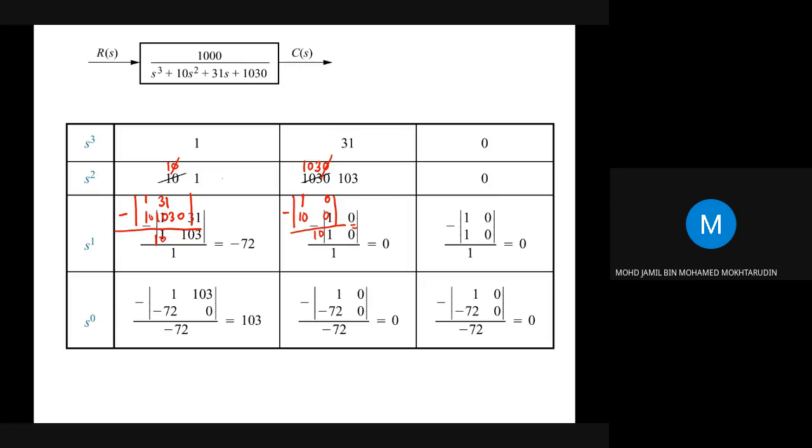So dia simplify jadi 1 dan 103, 1 and 103. If you don't factorize pun okay, doesn't matter. So here you factorize, maybe you can calculate the next row easily. But if you don't factorize, also okay, tak salah pun.